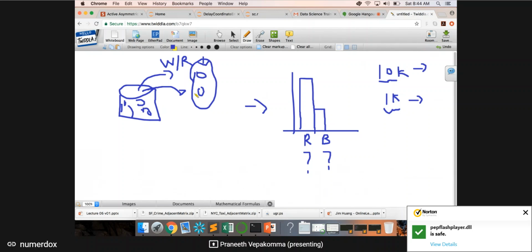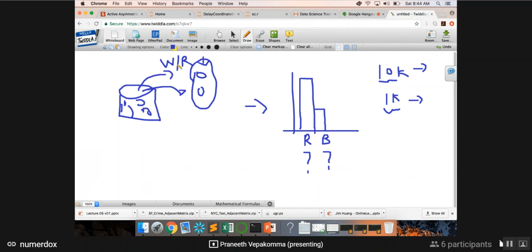I might have confused you, but bootstrapping is all about with replacement. My bad. So what bootstrapping does, to answer this question of what proportion of red and blue, is take a smaller sample with replacement, and then whatever you want to compute, it computes on this subsample.